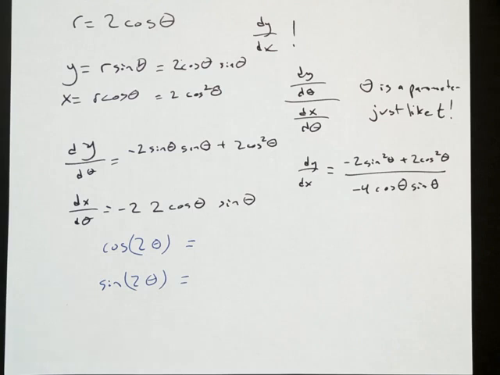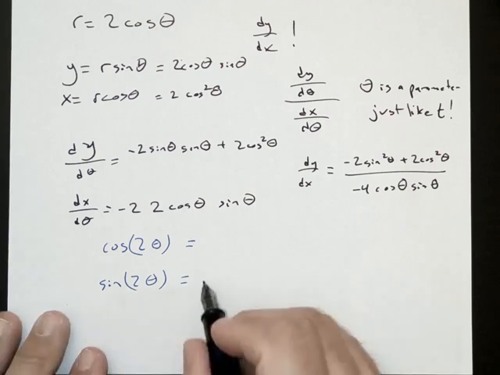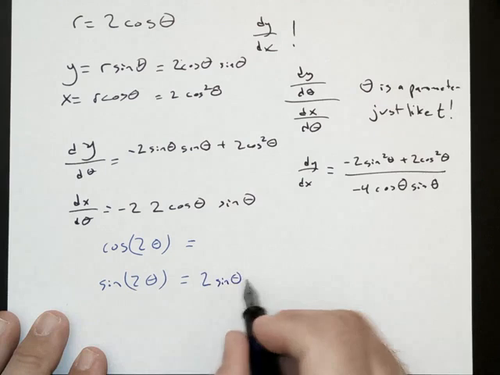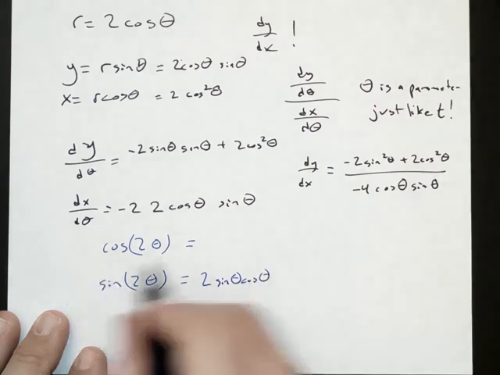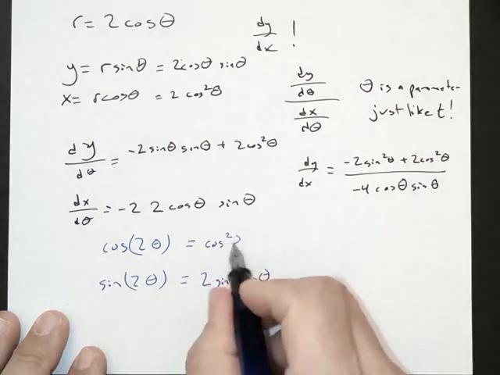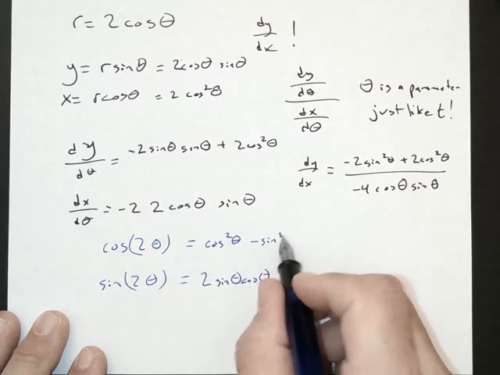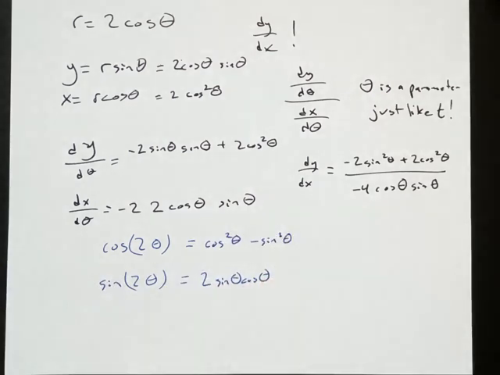You're not allowed to forget them just because we're not doing integrals anymore. Sine of 2 theta is 2 sine theta cosine theta, and cosine of 2 theta is cosine squared theta minus sine squared theta.